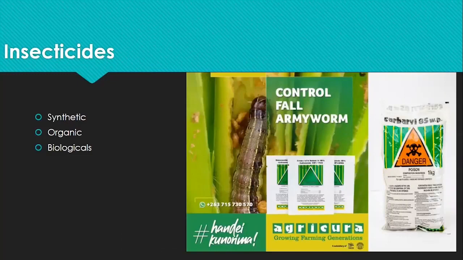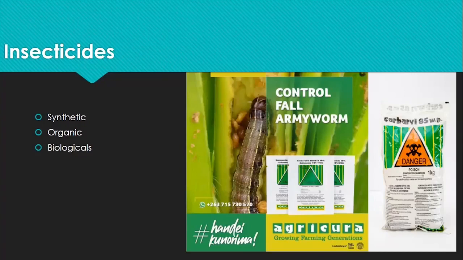And in terms of insecticides, we do have a whole big basket. If I were to dissect it, it would fill up pages and pages, but we do have synthetic insecticides, organic, and also biologicals. And we understand one of the major pests of economic importance in maize is the fall armyworm. And we want to say as Agricura, we do have the solutions.